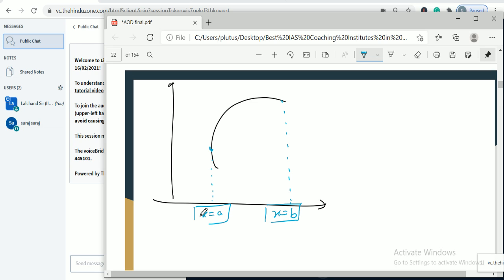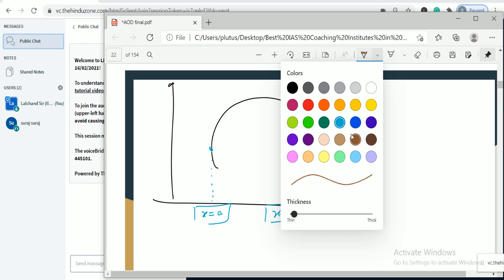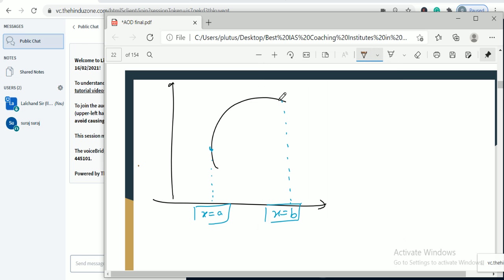If I make a line using these two points, the line will be like this. What is the coordinate of this point? It will be b comma f of b, because the function is y equal to f(x).